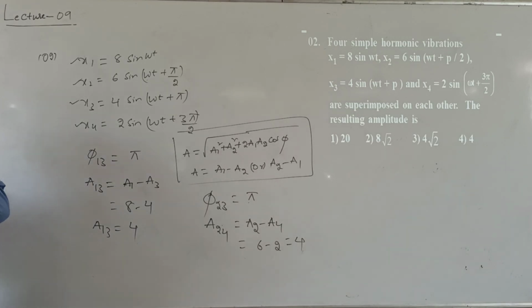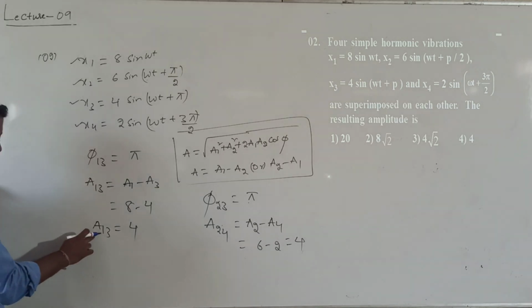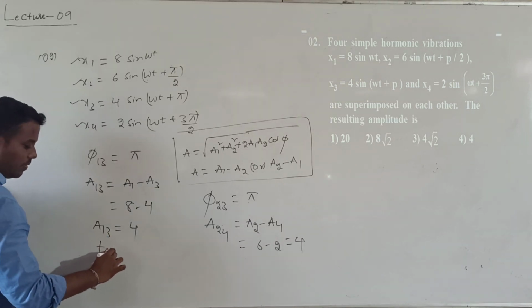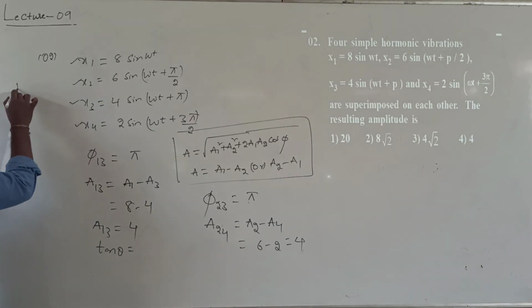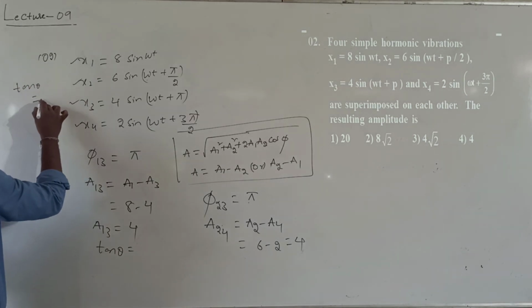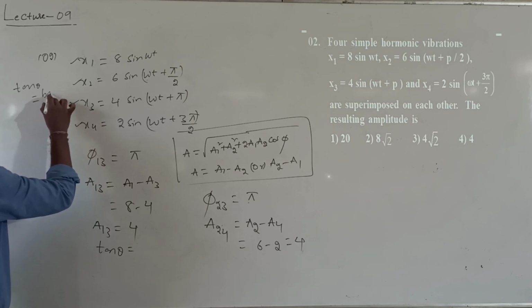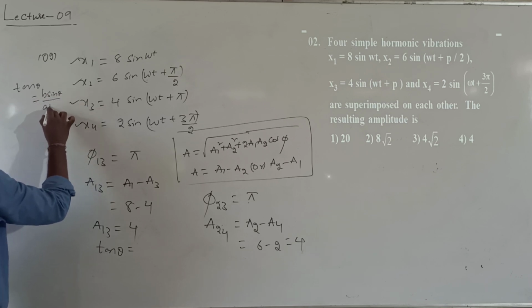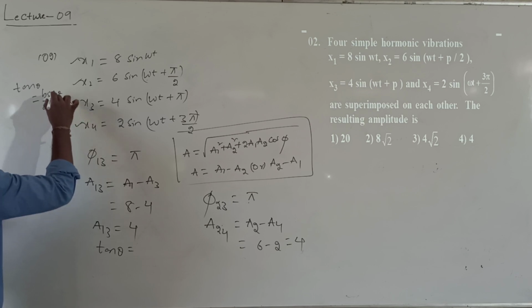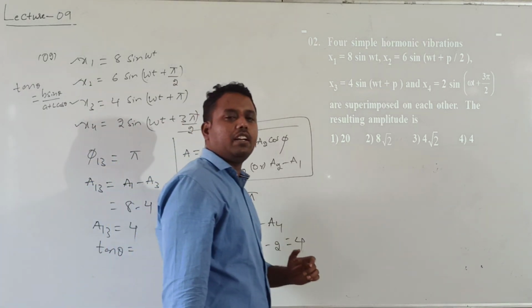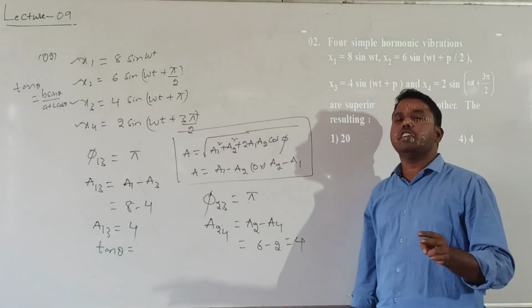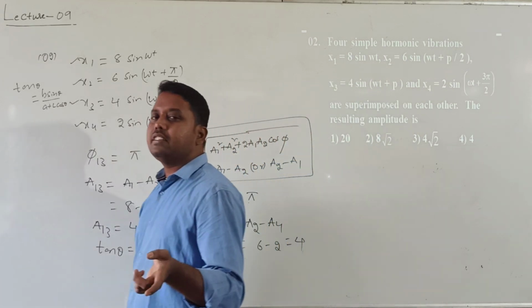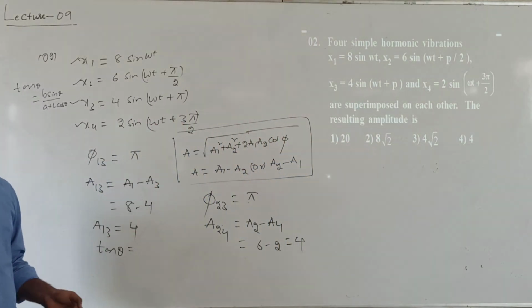Now, what is the resultant phase angle? We can calculate the phase angle using the tan theta formula. What is the formula for tan theta? Tan theta is equal to B sin theta divided by A plus B cos theta. By using that formula, we can calculate the resultant phase of first and third and second and fourth. From that calculation we can show that the first and third and the second and fourth are mutually perpendicular.